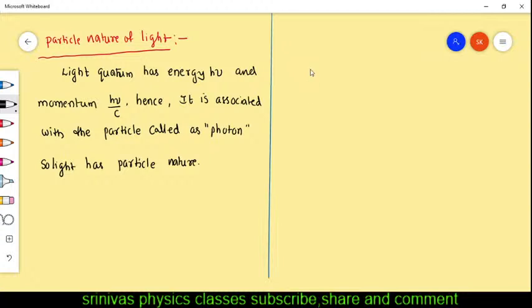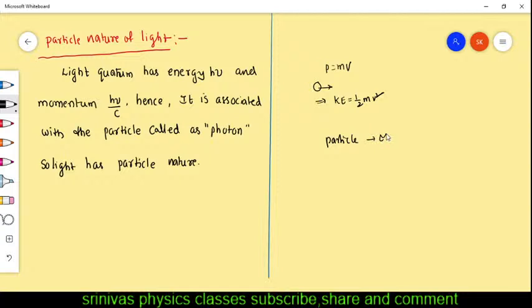Because generally you know that a particle can have momentum, mass into velocity, right? And if the particle travels with some velocity, it also has energy. That means the particle has momentum and energy.